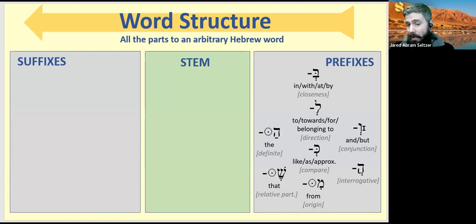You can add a conjunction, ve, which of course can change into va or u, depending on the circumstance. It's usually translated and. Sometimes it shows distinction, contrast, so it could be but, however.